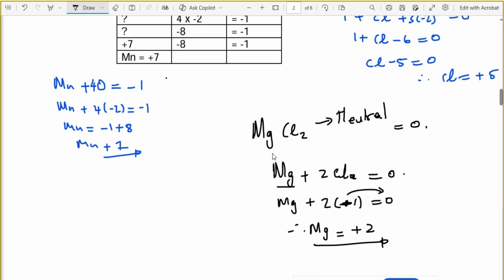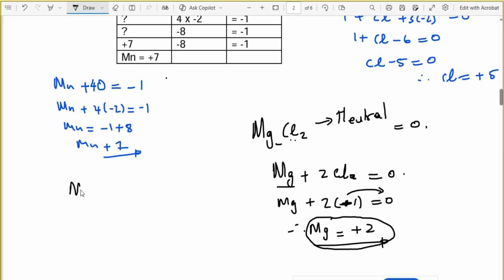Look at this. We got magnesium to have the oxidation number +2. Why is it +2? Because it's a combined element. It's magnesium combined with chloride. That's why it's +2.